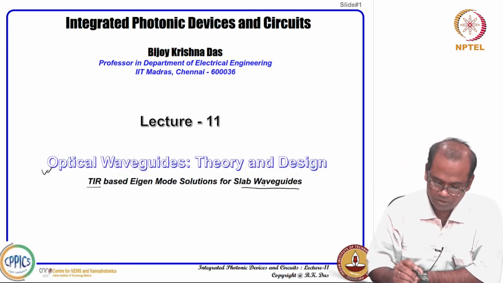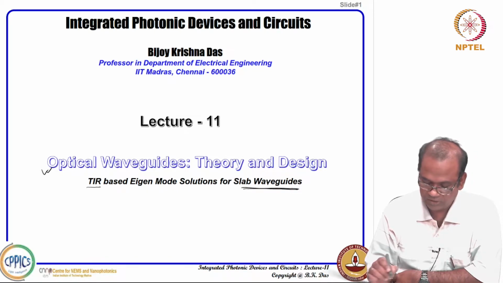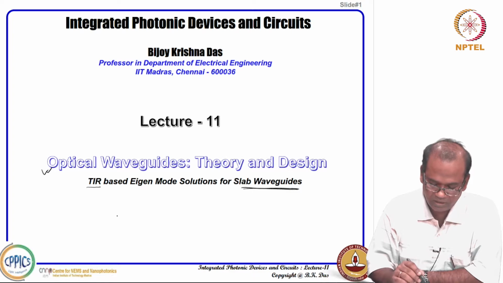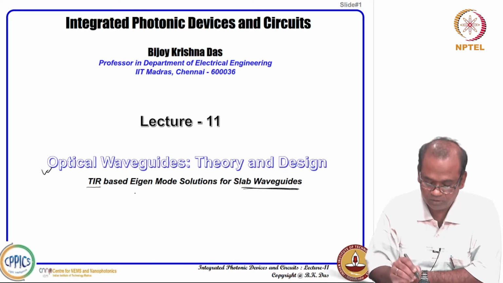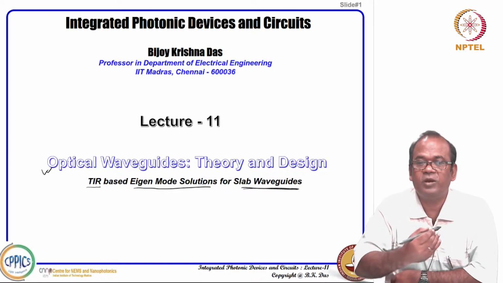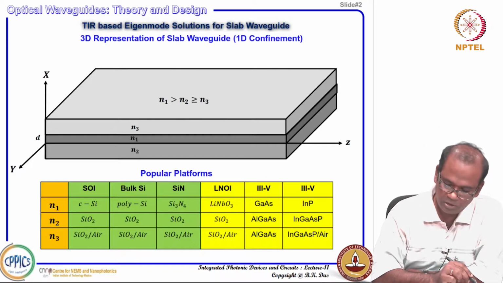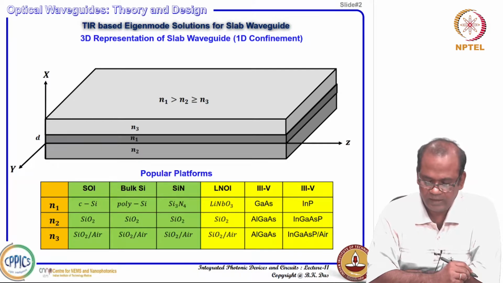So, I would like to discuss today the slab waveguide or planar waveguide structure based on TIR, total internal reflection, to solve for eigenmodes, different eigenmodes supposed to propagate in the planar waveguide structure. So, here is an example of slab waveguide.